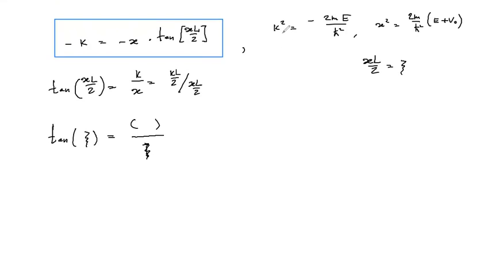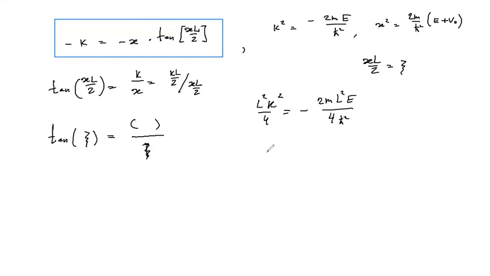Okay, so the numerator, KL over 2. Let's look at how K and kappa are related. K square L square over 4 I want to form this combination, because this is what I actually want. It would be equal to minus 2m L square energy over 4 h bar square, yeah. I just multiplied it by L square over 4.